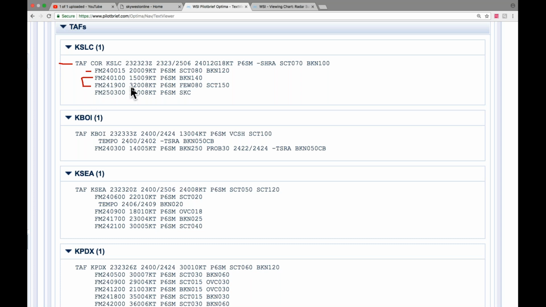So from 1 until 1900 Zulu, they expect the weather to stay about like that. And then from 1900 Zulu until the next day at 0300 Zulu, it's going to be this weather. Does that make sense at all?